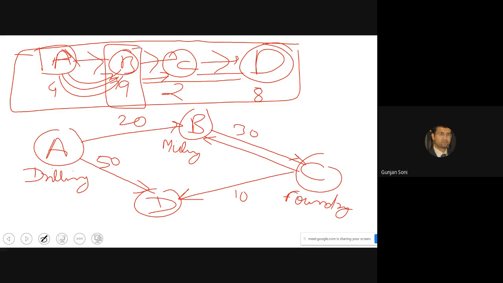And D is a machining station, lathe machine, or turning, whatever you want to name it. Now, it is not necessary that if 30 trips are there from milling to foundry, from foundry to milling there will be 30. There could be 70 also.